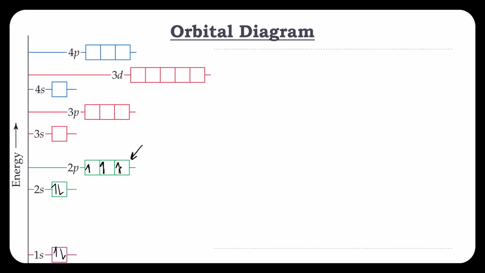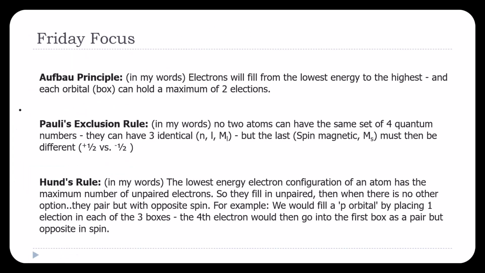It doesn't really matter which box we put it in, but that fourth electron would then pair up. They would pair up until this was full, and then we'd go to the next energy level. So that's what Hund's rule states: they'll fill in unpaired first, then when there's no other option, they'll pair up, but of course with the opposite spin.